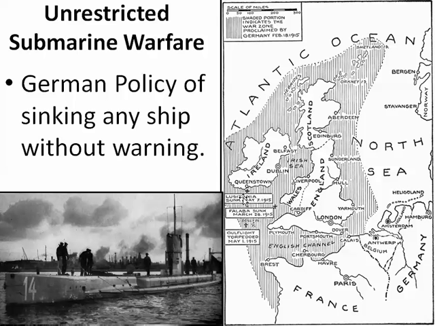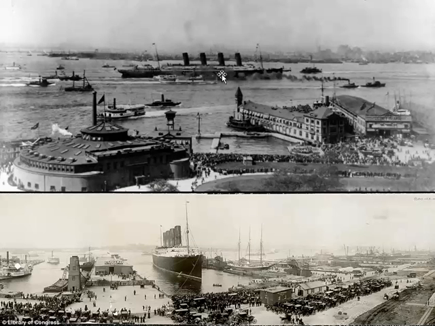Notice right here, Lusitania sunk May 7th, 1915. In the Lusitania, this unrestricted submarine warfare is going to be what causes us to go into the war. Here's the Lusitania going into New York Harbor in the United States. Here it is docked in New York City.